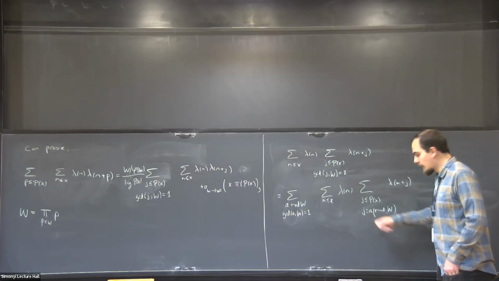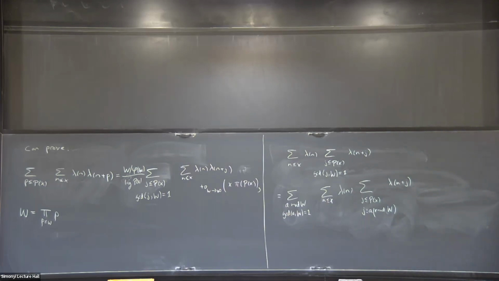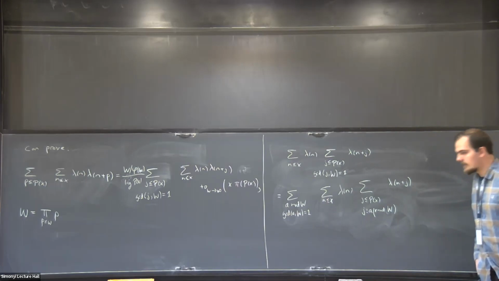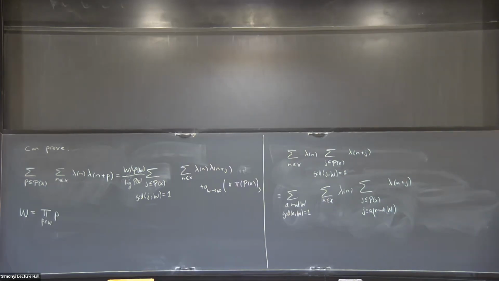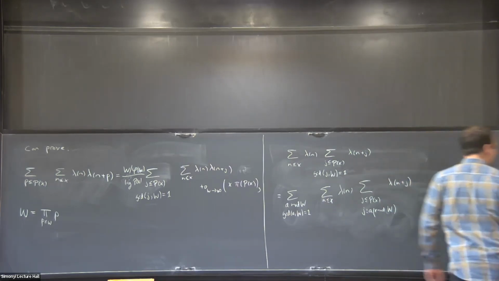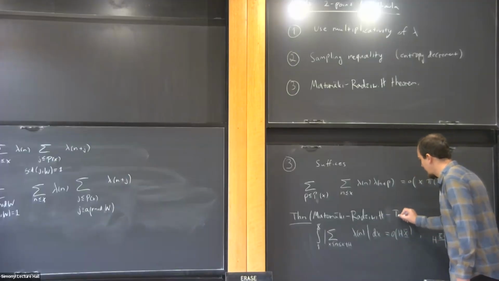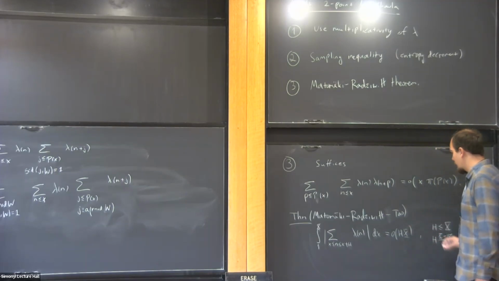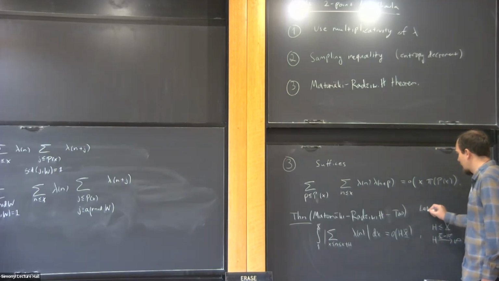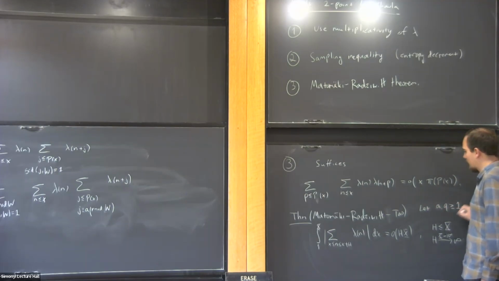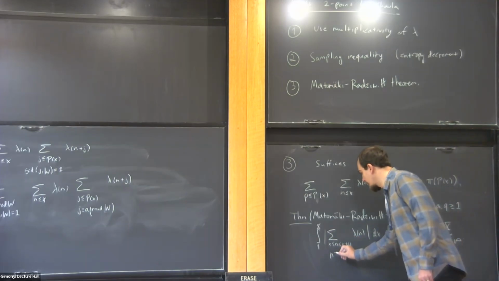And now what you have inside is the sum over integers in a progression. So it's not quite the Matomäki-Radziwiłł theorem, but luckily there's a generalization of that, which Matomäki, Radziwiłł and Tao proved. So a slightly more general version, where you can also have a congruence condition.